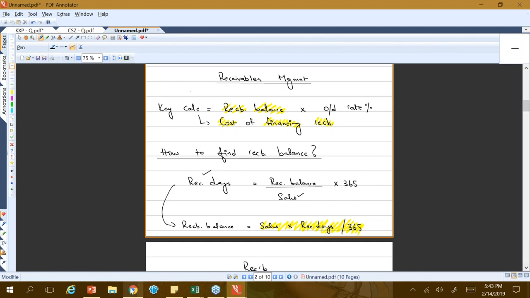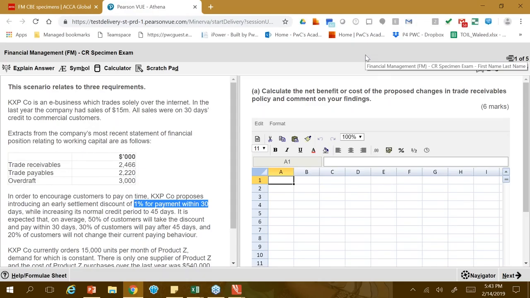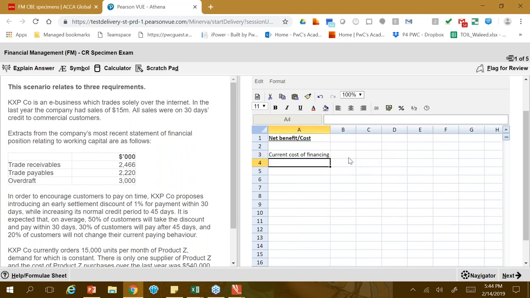Now, let's go into this question then. Let's try and do this. What we are going to find is the net benefit or the cost. Now, the first thing is we can find the current cost of financing the receivables.